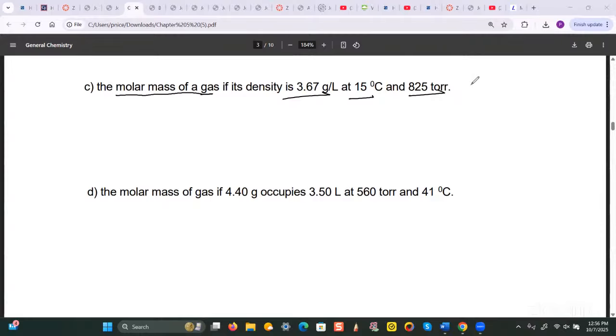Exactly, the same equation we used in the previous problem. Density is equal to MP over RT.